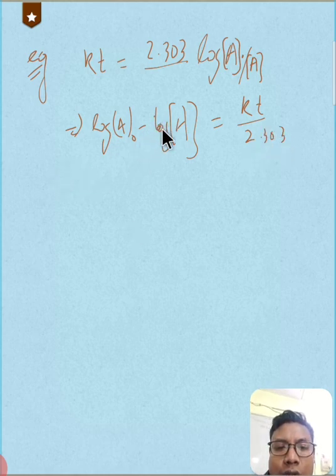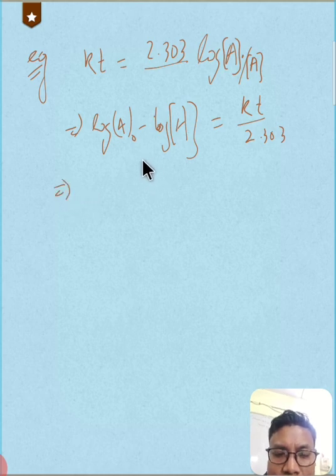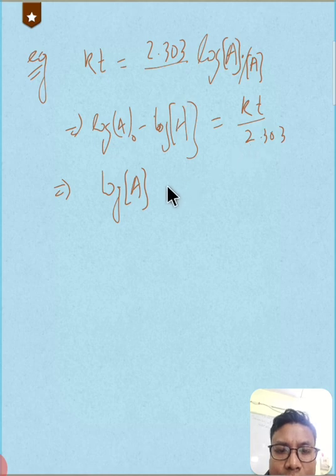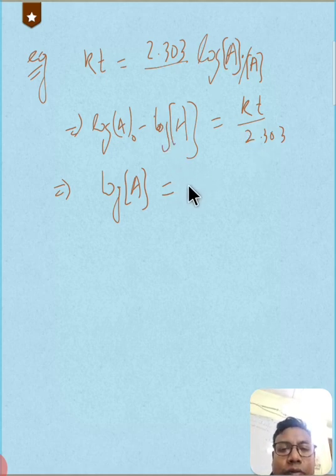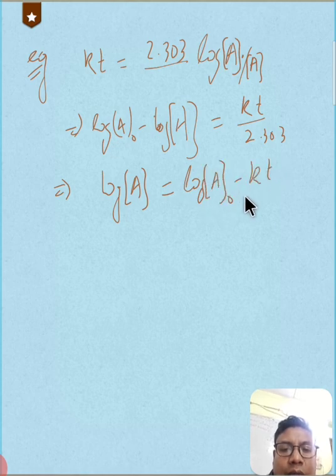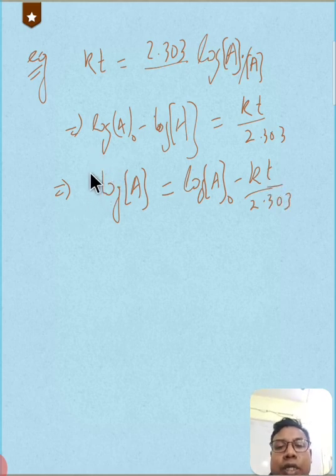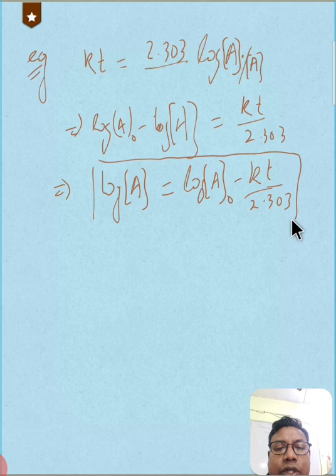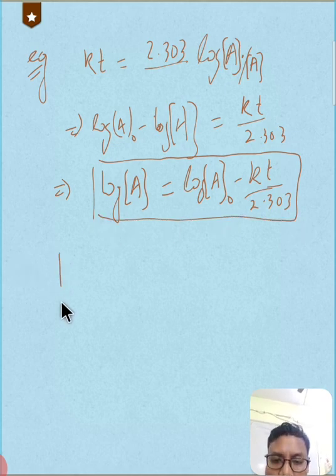So I am just changing sides, and this will be log a is equal to log a naught minus kt by 2.303, okay? This is the equation for which I am going to draw a graph.